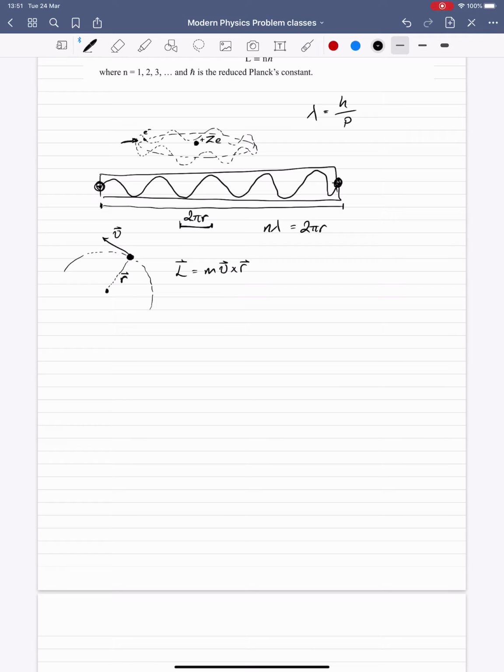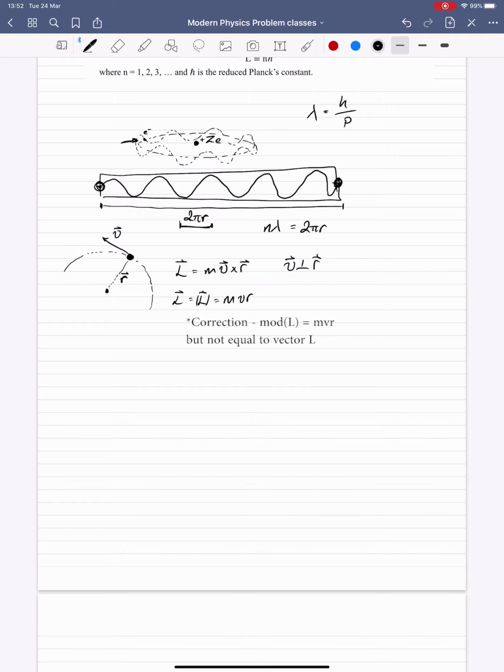Now in this case, because we're dealing with circular orbits, we know that r and v must be perpendicular to one another, and as a result the magnitude of L is just m times v times r, like so.